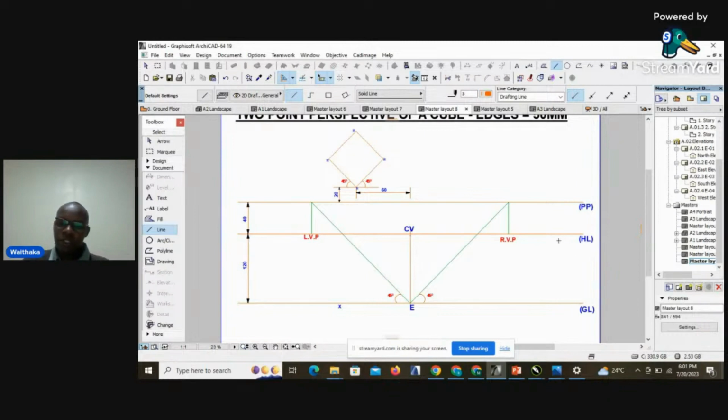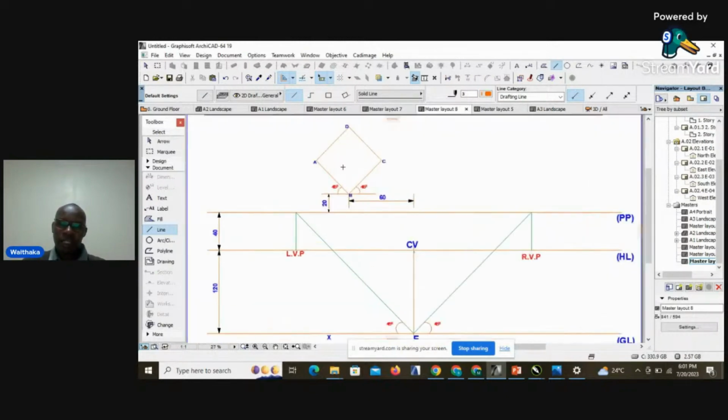We've seen how the ground level, the horizon level, the picture plane, the plan 60 millimeters from the spectator, point E denotes the spectator, CV is the center of vision. We've generated the two vanishing points at 45 degrees, both to the left and to the right, and therefore we can proceed and now start generating the perspective of the cube.